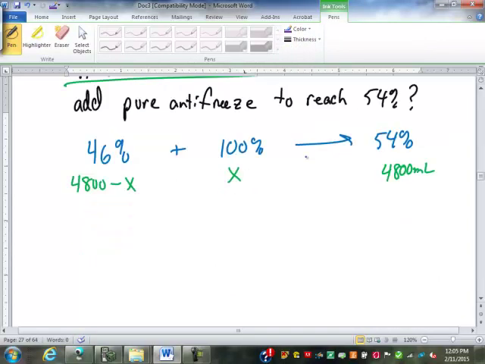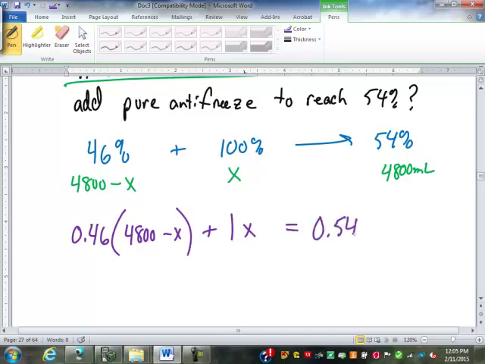So now our formula, we have 46%, so 0.46 times 4,800 minus X plus 100%, or just 1X. That's going to equal 0.54 times 4,800.